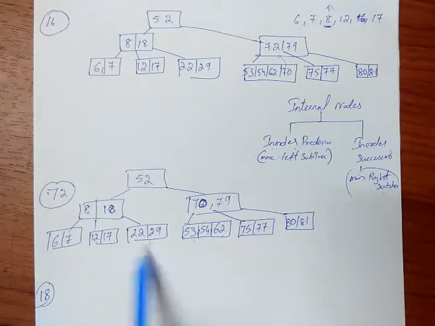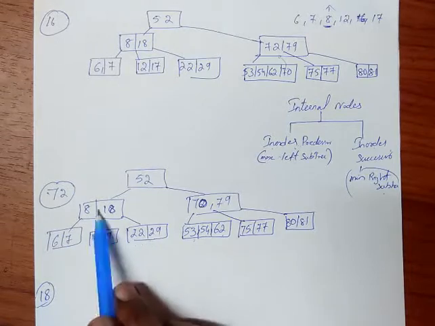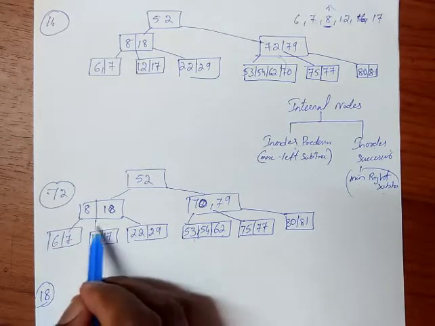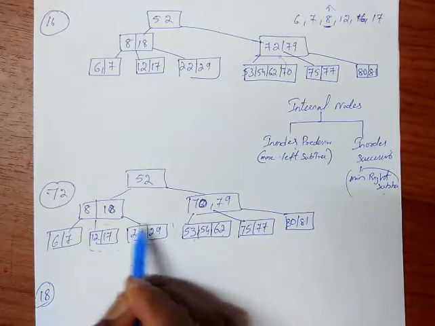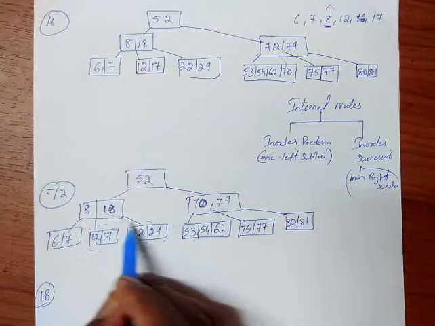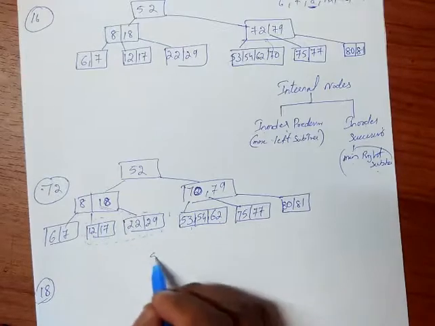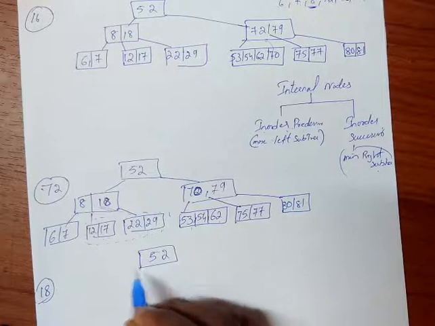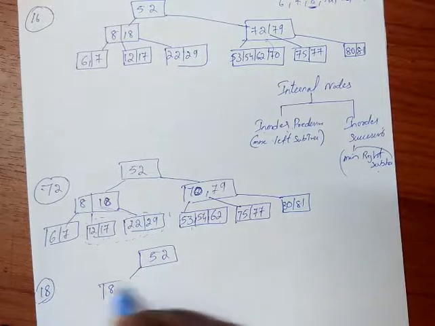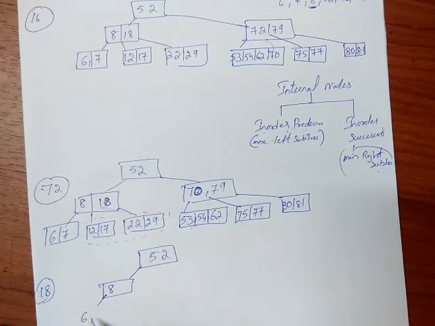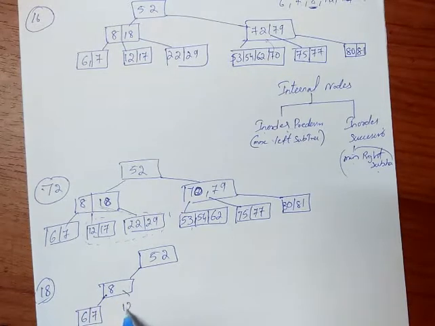So if this is the case, that a parent is to be deleted and both the children have only the minimum number of keys, then we have to merge the nodes and connect it with the parent. 8 is the current parent, 52 is there, and it contains only 8, and to the right of 8 we can connect 12, 17, 22 and 29.